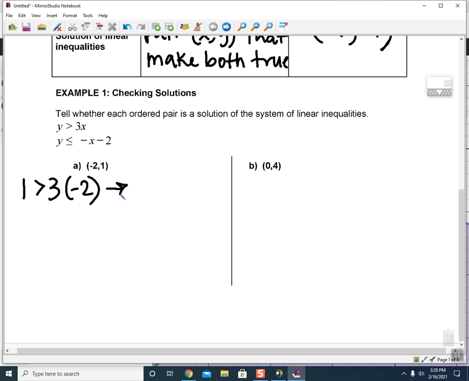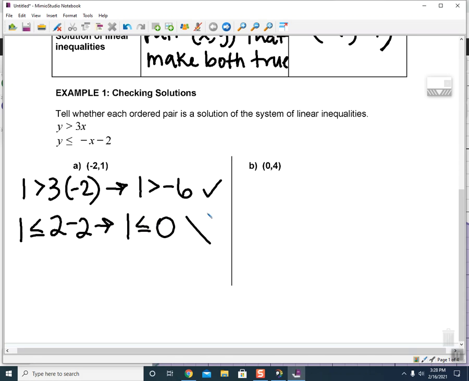So that means that I would have 1 is greater than -6. That is true. That checks out. Then I would have 1 is less than or equal to -2, which is going to be a +2 minus 2. 1 is less than or equal to 0. That is not true. So this is not a solution.